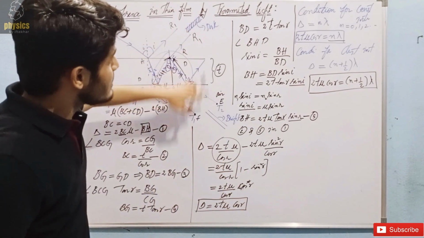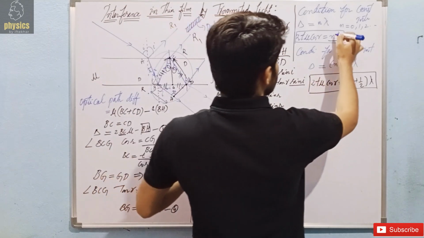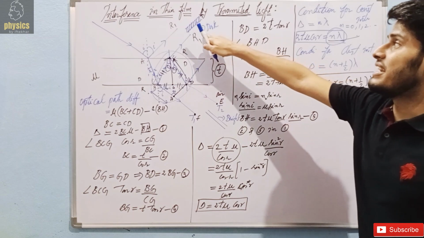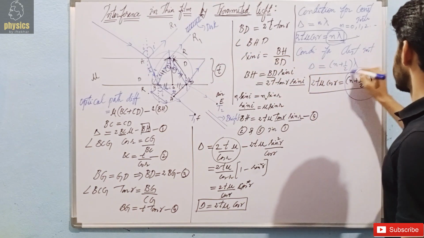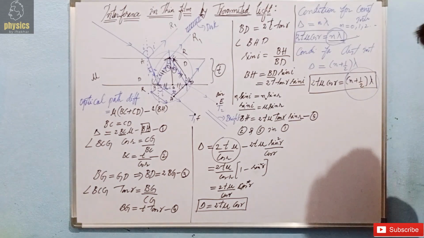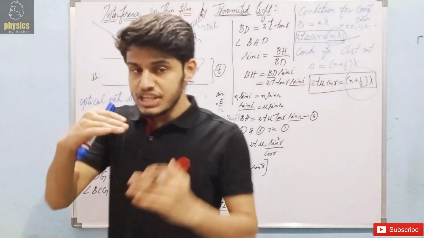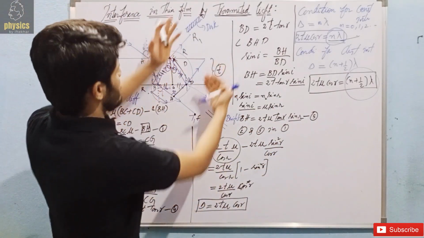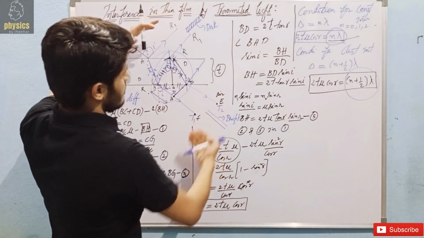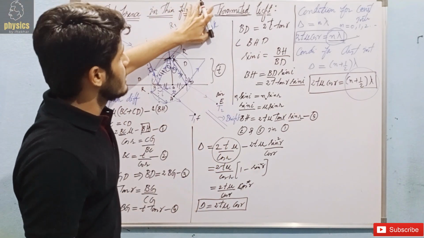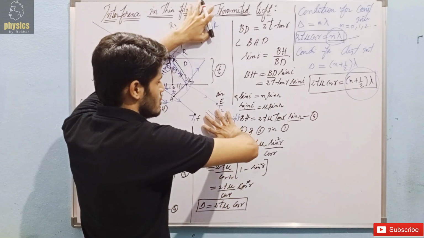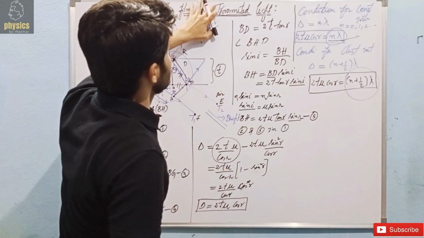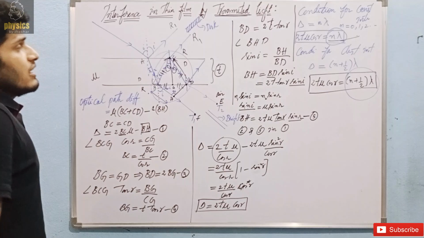Why am I saying that? Because this condition is for destructive interference and this condition is for the constructive interference in the reflected light rays. That's why the conditions got flipped here. We will see the exact opposite patterns. Wherever you are getting dark here, at that particular path difference you will be getting bright there. So that is the main difference here.